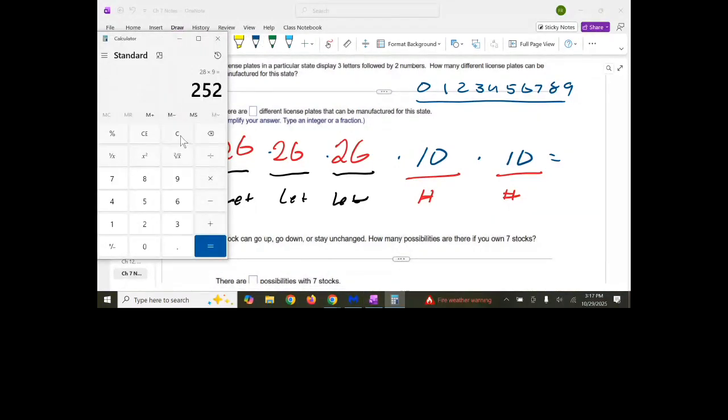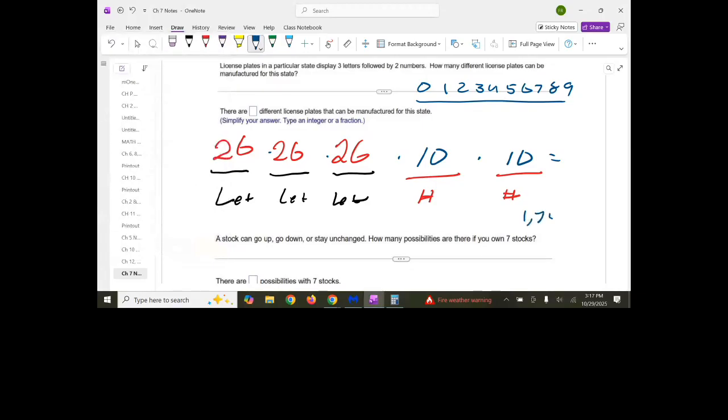What's 26 times 26 times 26 times 10 times 10? And we end up with 1,757,600. And that's how many different license plates we can make.